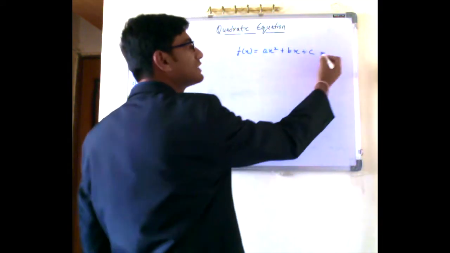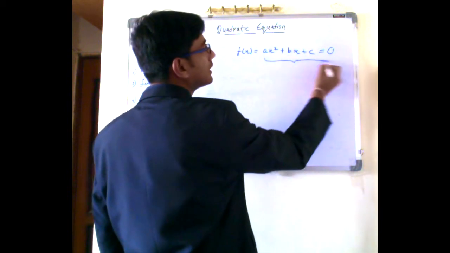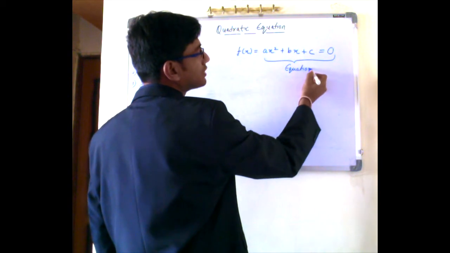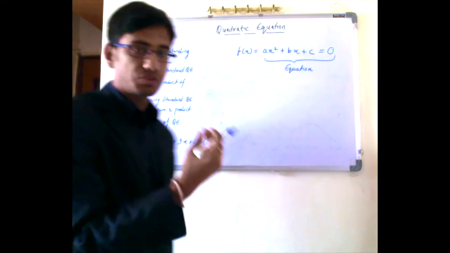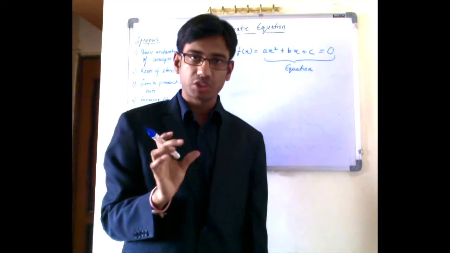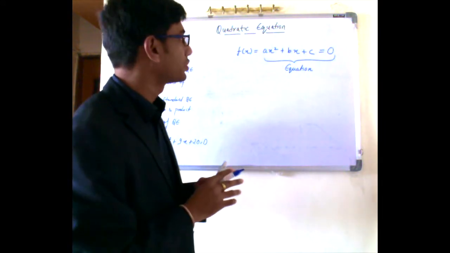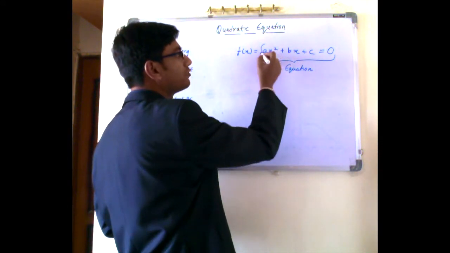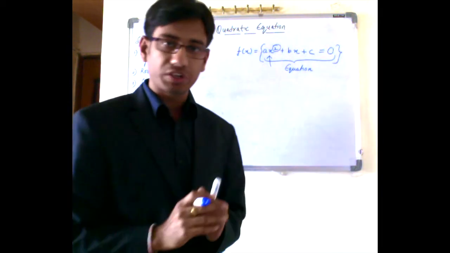Guys, we need to understand this: when 0 or any other constant was not there, it was just an expression. When I equate it to 0, it becomes a quadratic equation. Why quadratic? Because the highest power in this equation is 2. Hence it's a quadratic equation.